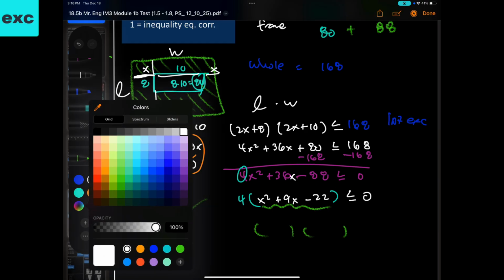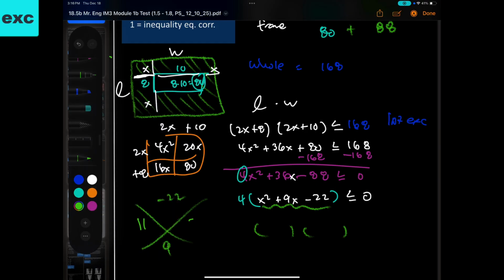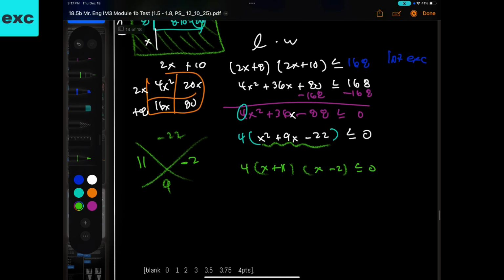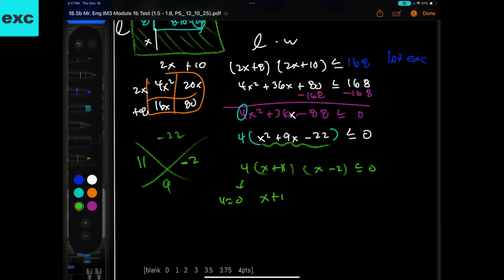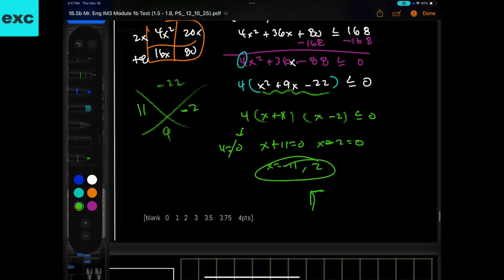So 11 and negative 2. Okay. You set each of those equal to 0. x minus 2 equals 0. x plus 11 equals 0. So x equals negative 11 and x equals 2. Negative 11 means nothing, so it's no solution there. So that means the width going around can only be between 0 and 2. If you got that answer, that would be 2 points extra credit. Okay, hopefully that was helpful.